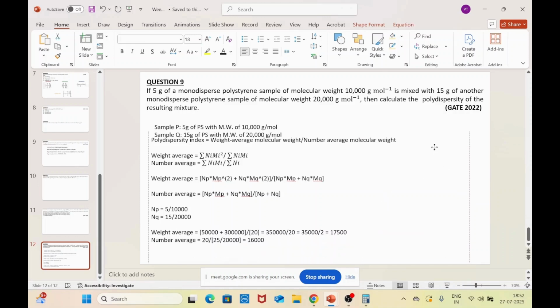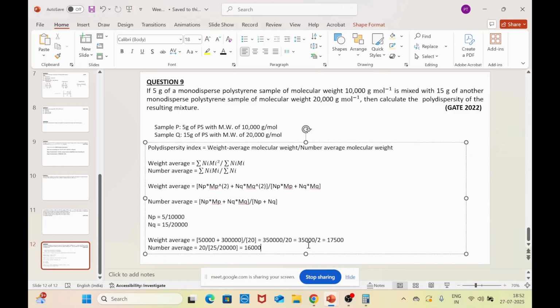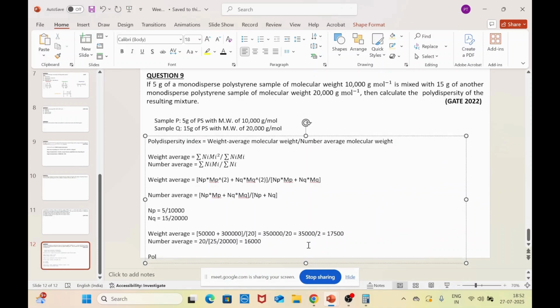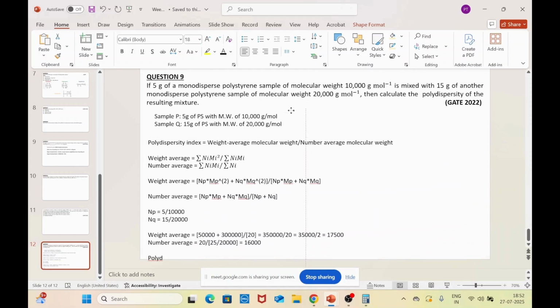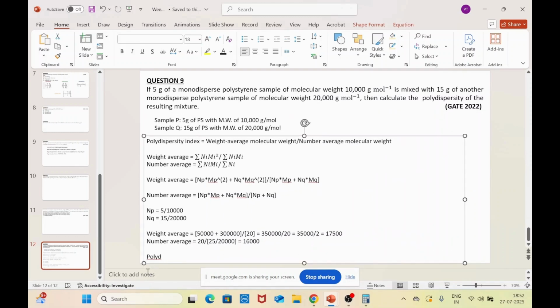So polydispersity index, or dispersity, will be nothing but 17,500 divided by 16,000.